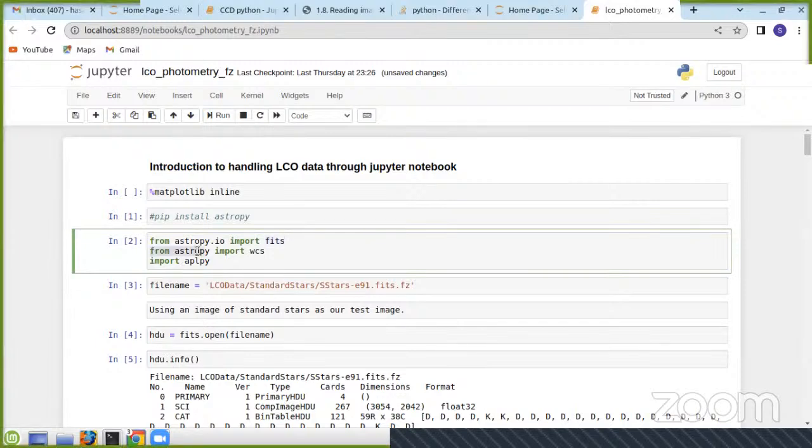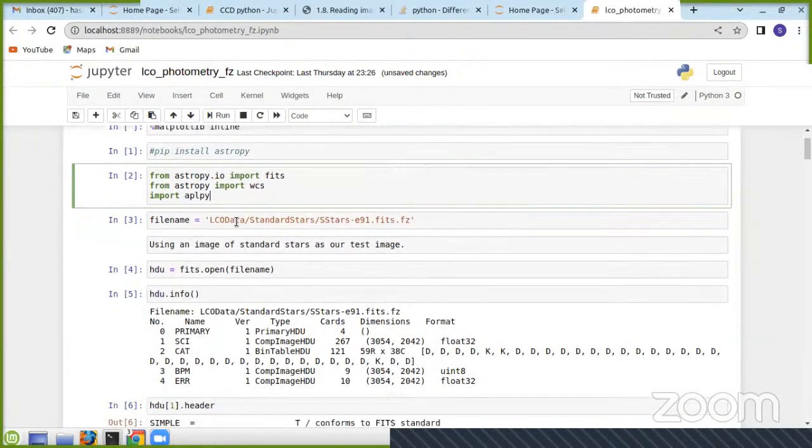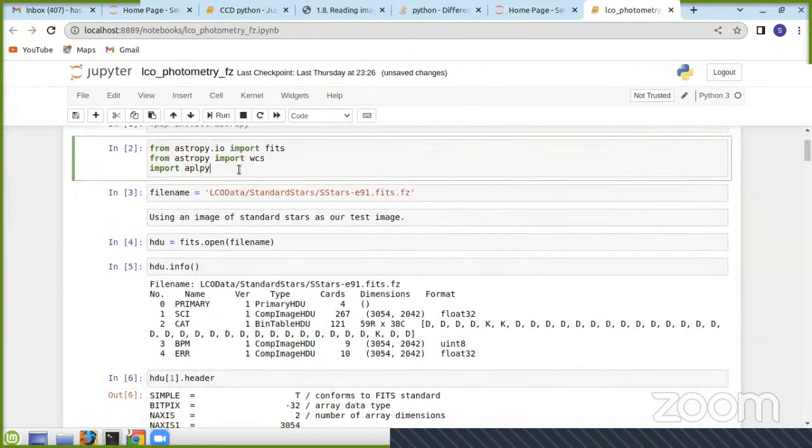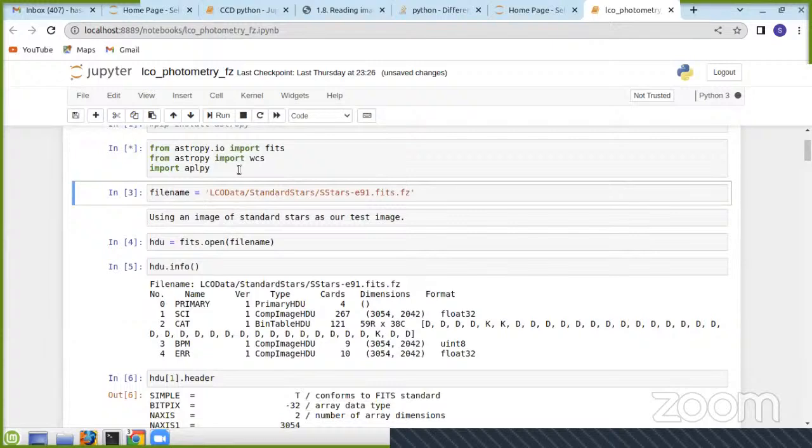And then from AstroPy, we also import WCS, World Coordinate Systems, right? And we also import APLpy. Okay, and then you control enter.